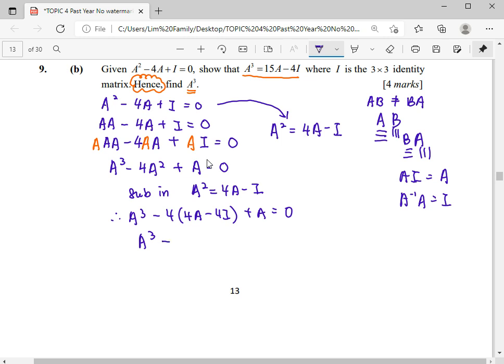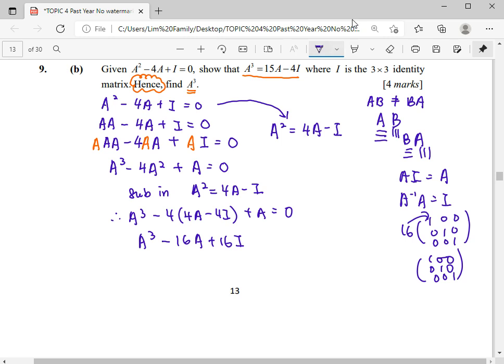Multiply numbers with numbers, it gives you negative 16A, then negative 16I. 16 is a number and the matrix is still 16I. It will not become I only, because I am multiplying by 16, so it's still 16I.